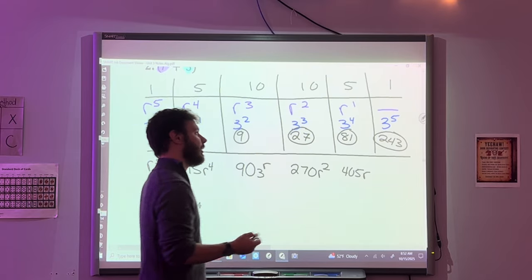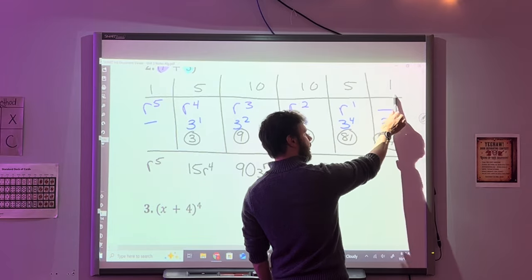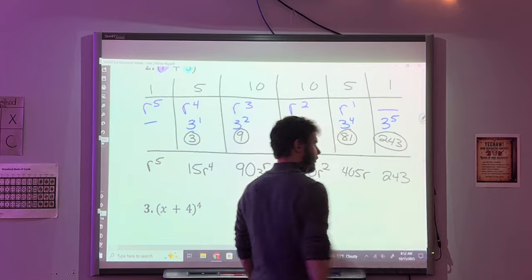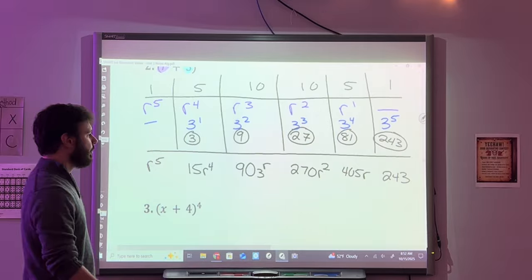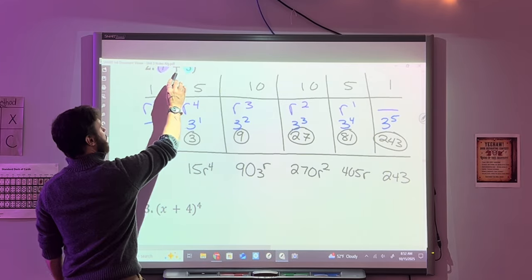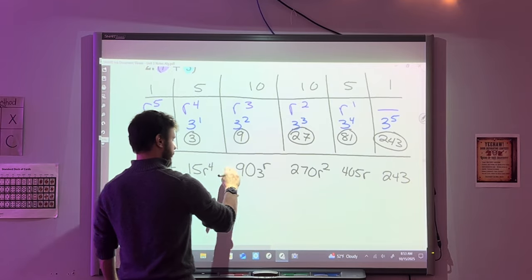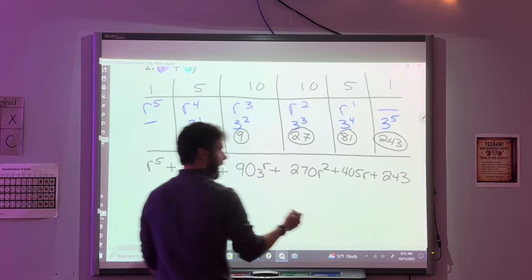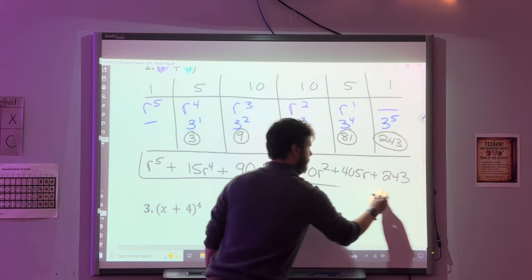And then the very last column, I don't have any r's, I just simply have 1 times this, which is 243. The glue that holds these together was a plus up here, so I don't have to think. I'm gonna add all this stuff together.